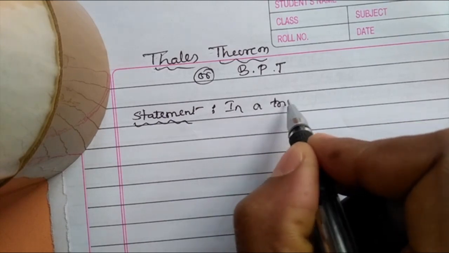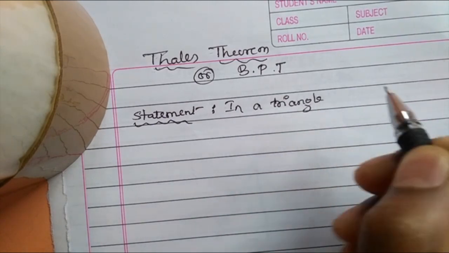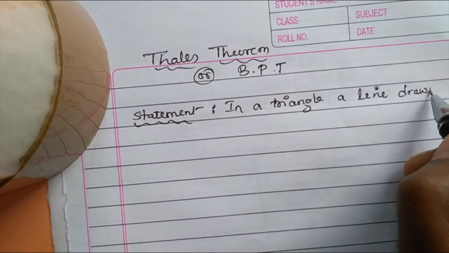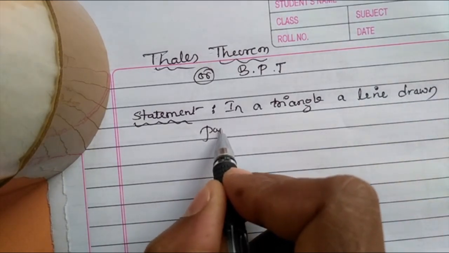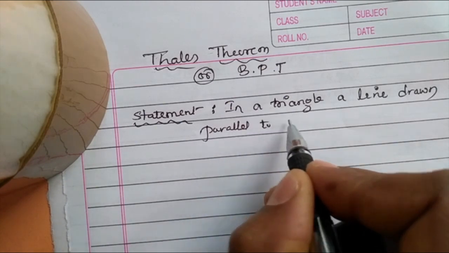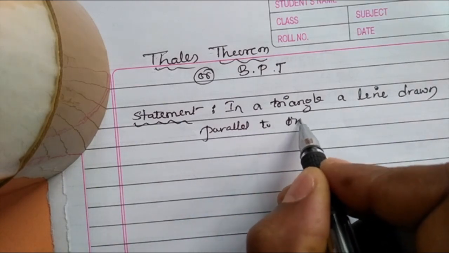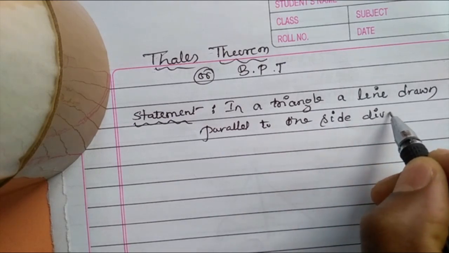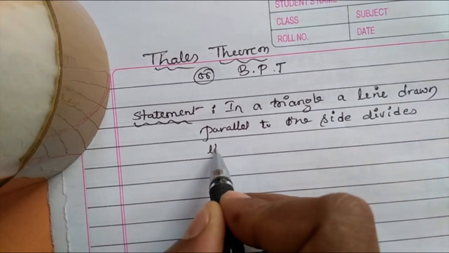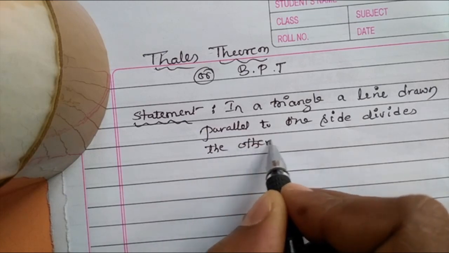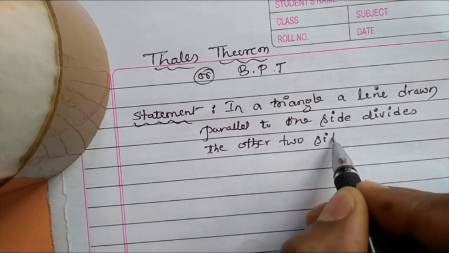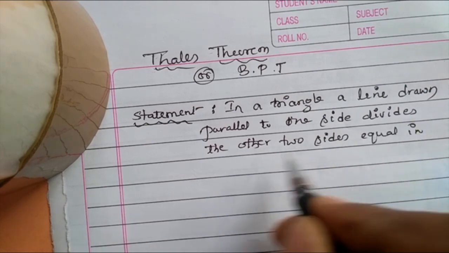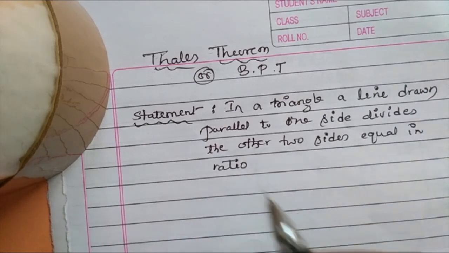In a triangle, a line drawn parallel to one side divides the other two sides equal in ratio.